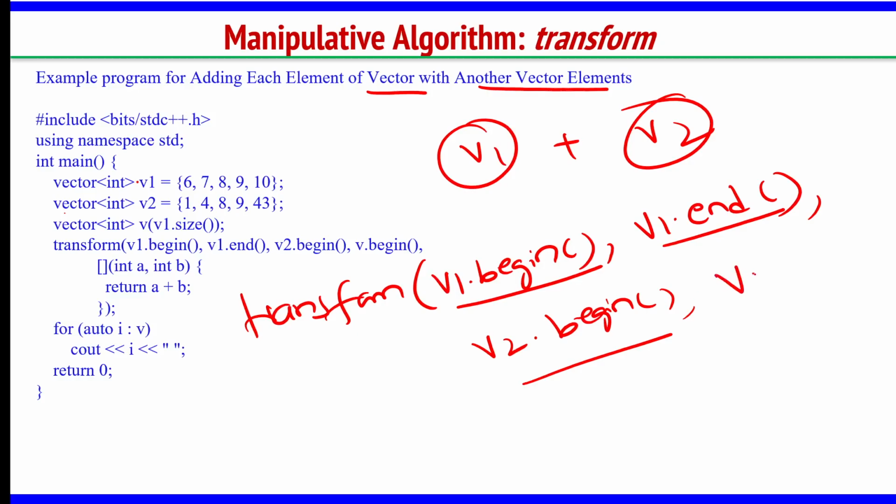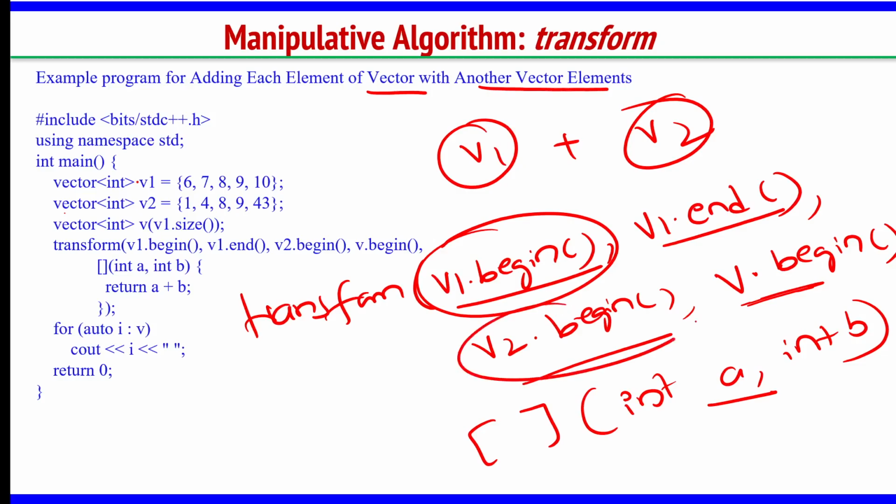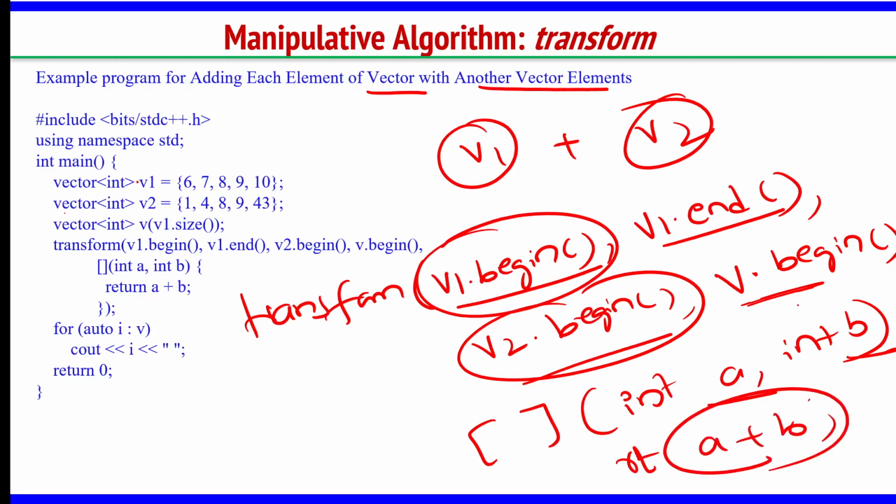Then store the result in the new vector V from the beginning. Then what is the logic here? Lambda with int A, int B: copy the elements of V1 into A, V2 into B, add them, that is why I am writing return A plus B, and store the result in V dot begin.